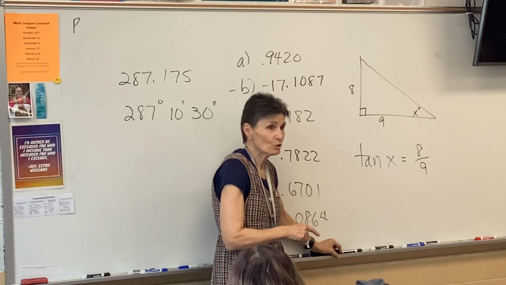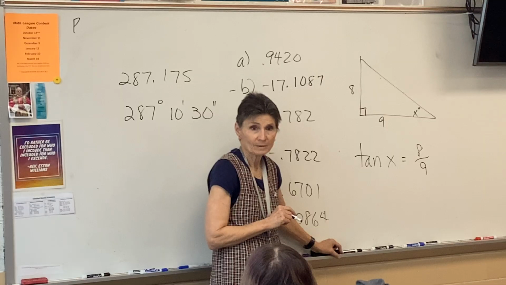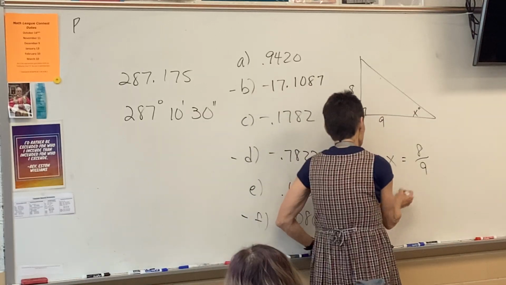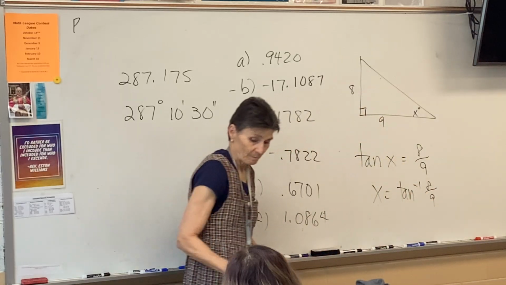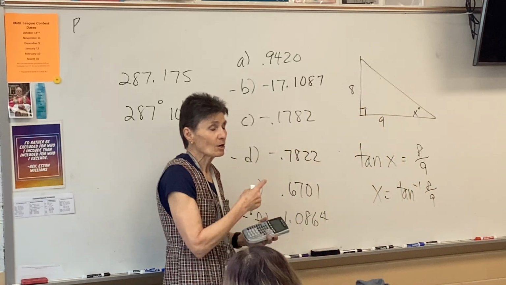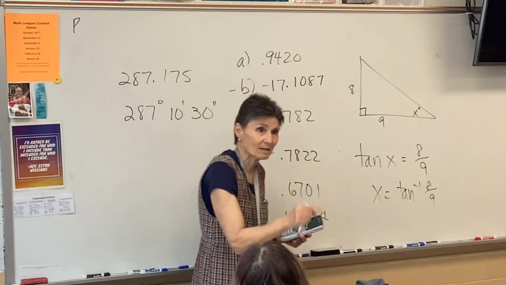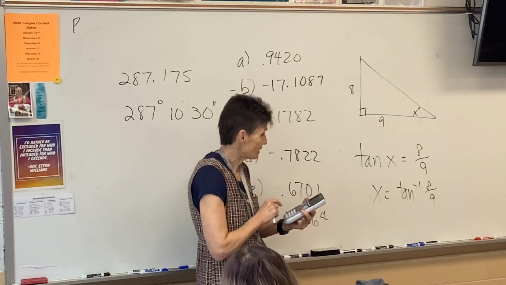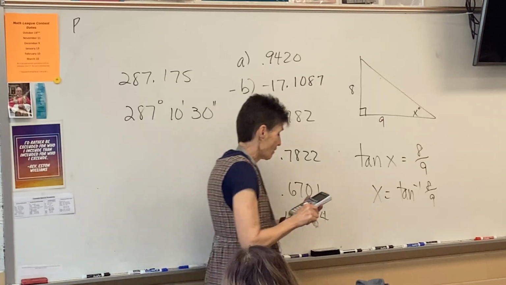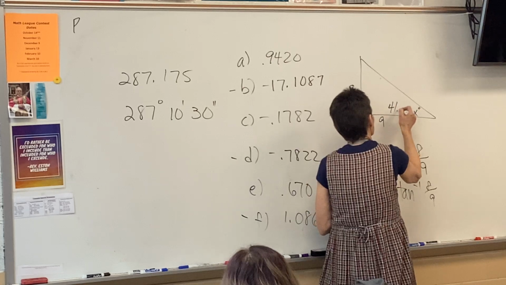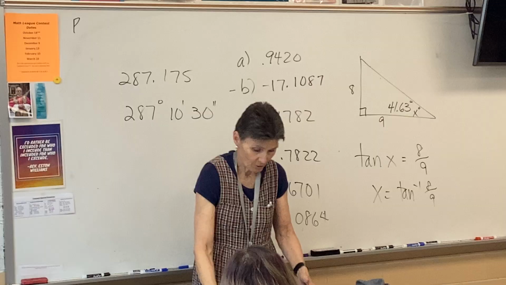What do we do when we're trying to find the angle? Inverse. So we're going to inverse tangent 8/9. That happens in our word problems too sometimes. If you are looking for an angle, second tangent 8/9. 41.63 degrees.